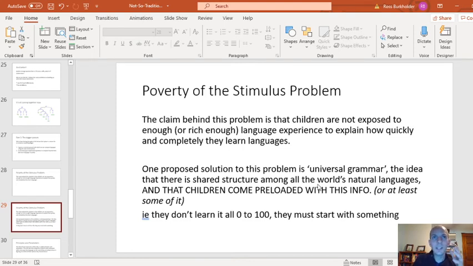And what they're doing over those first 2 years is refining that universal system. So they come with a set of universal building blocks of language, and all they have to do is put them in the right arrangement. That's called universal grammar. And it's posed as a potential solution to this problem called poverty of the stimulus.